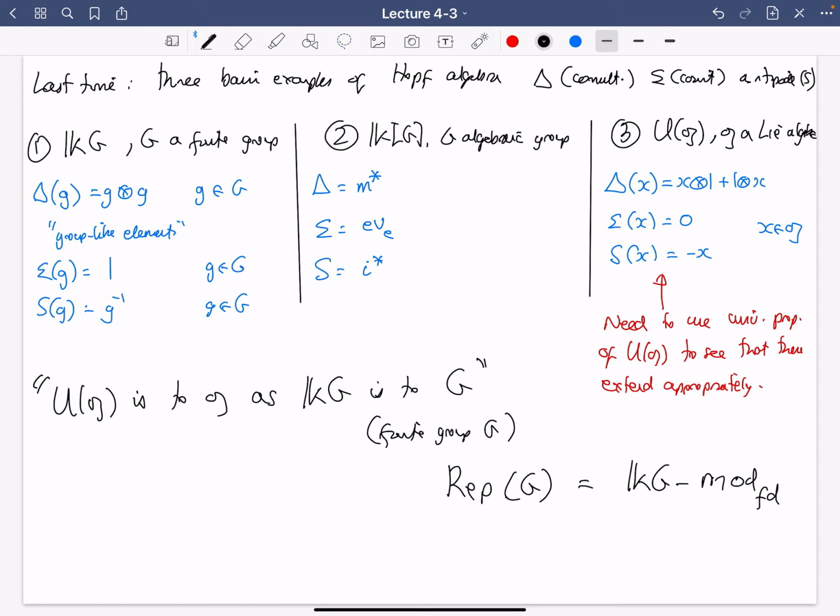And in exactly the same way, for a Lie algebra, Rep G, the category of finite dimensional representations of G, is exactly the same as finite dimensional left modules over the universal enveloping algebra.